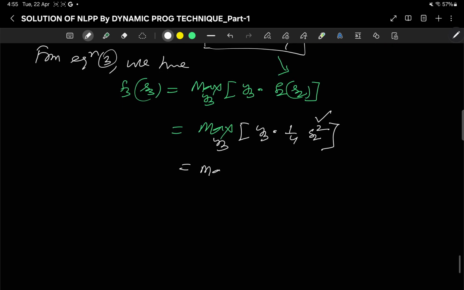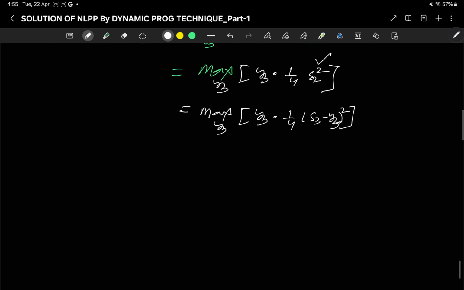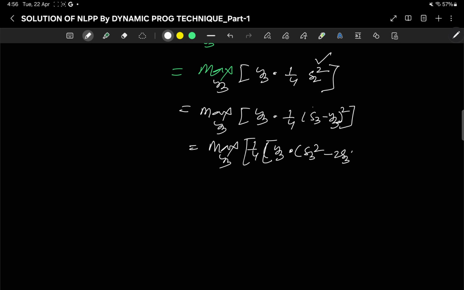So this is the maximization over y3 of y3 into 1 by 4 (s3 minus y3) square. Now I simplify it: 1 by 4 y3 into (s3 square minus 2 s3 y3 plus y3 square).